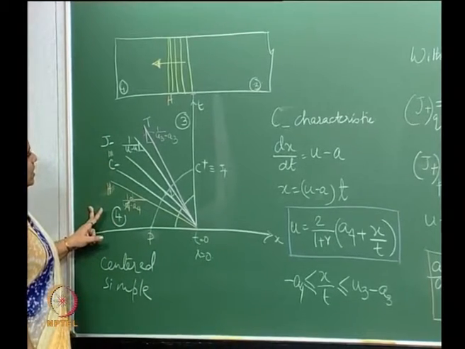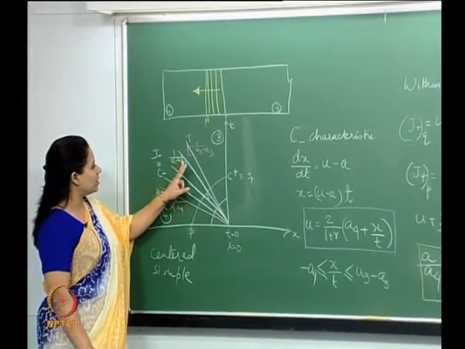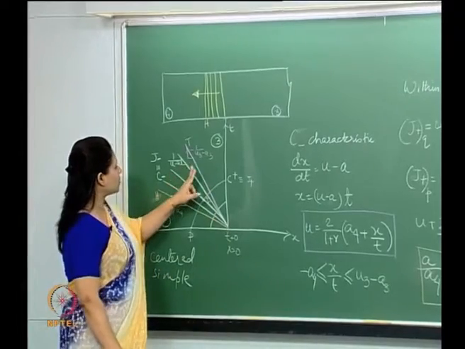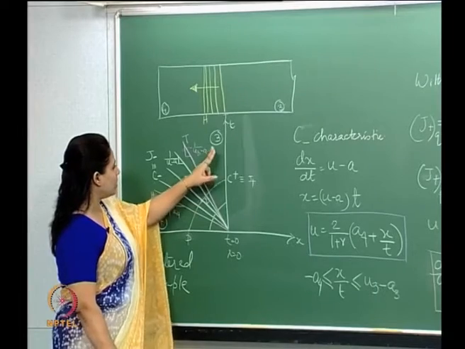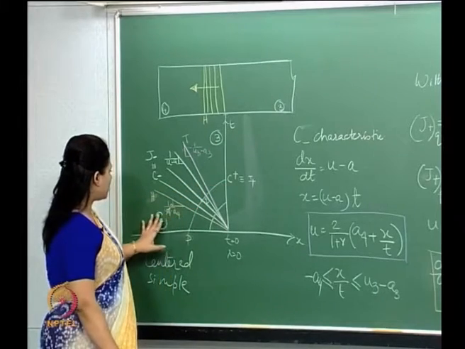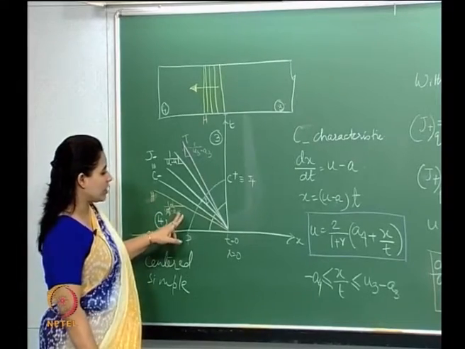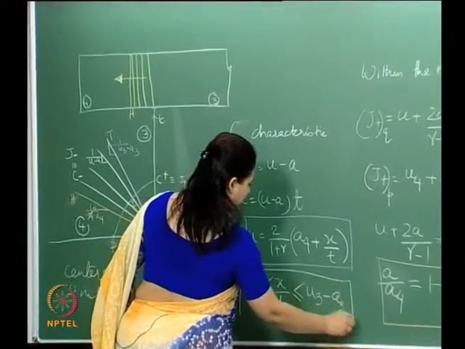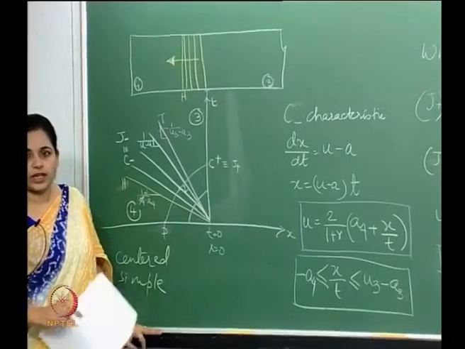All we are saying is that the inverse of slope is essentially u3 minus a3 in region 3, and here it is u4 minus a4, but this is quiescent, so it becomes minus a4. So this is a limit of the x by t.